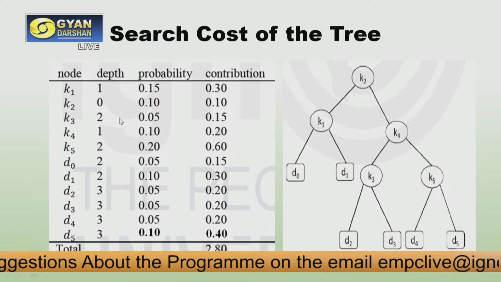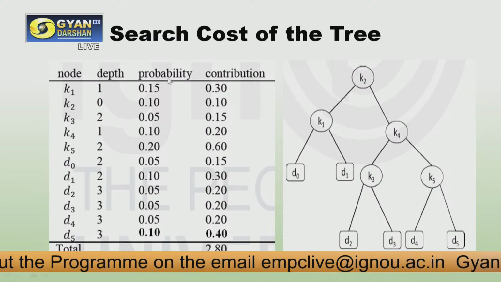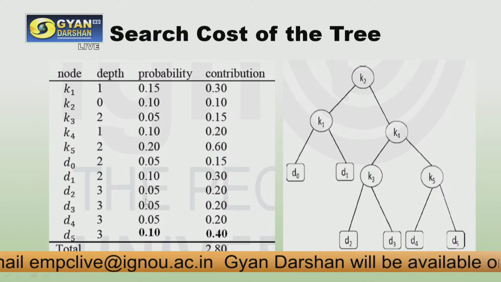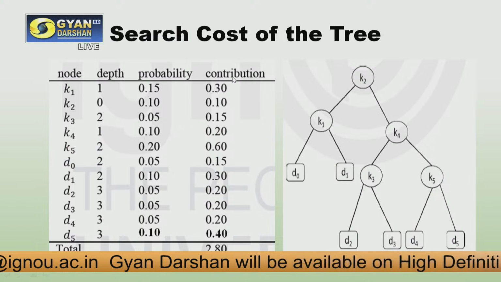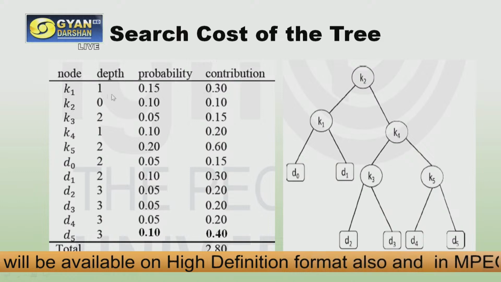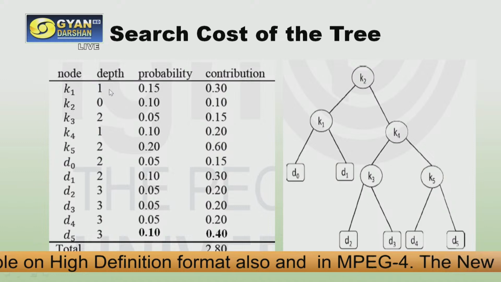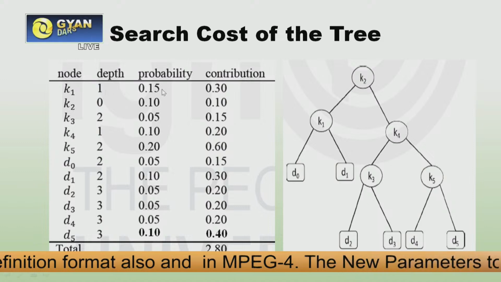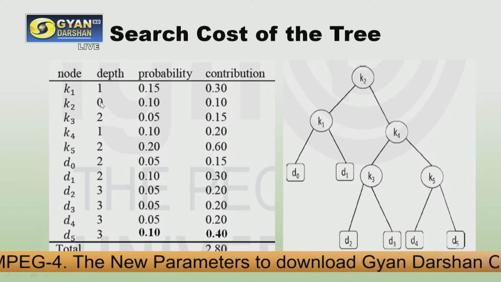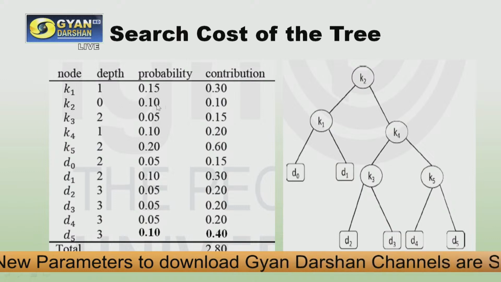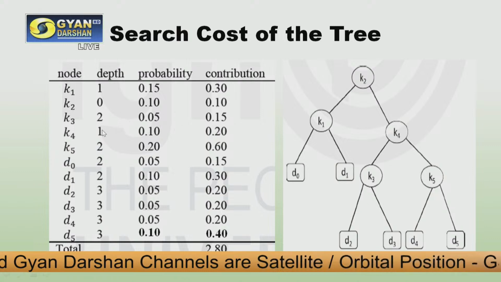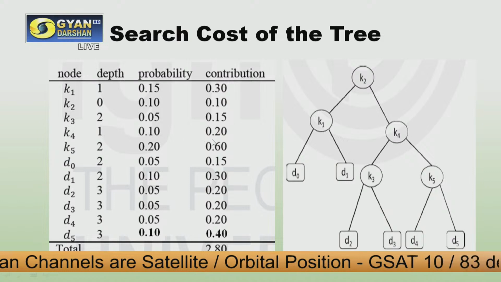So the probabilities are whatever probabilities we had shown. We have just put in these probabilities over here. What is the overall contribution towards the cost for these particular nodes? Obviously, depth plus 1. So this becomes 1 plus 1, 2, multiplied by 0.15, we get 0.30. In this case 0 plus 1 is 1, multiplied by this we get 0.1. Then 2 plus 1, 3, times 0.15. 1 plus 1, 2, times 0.1 is 0.2.